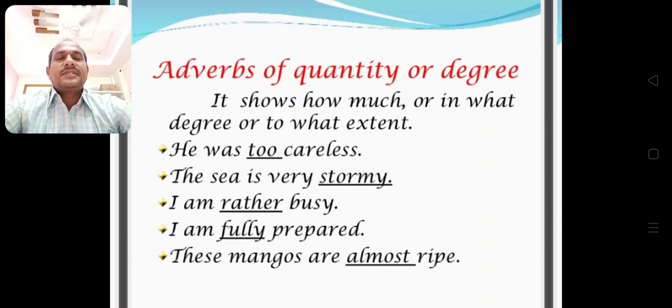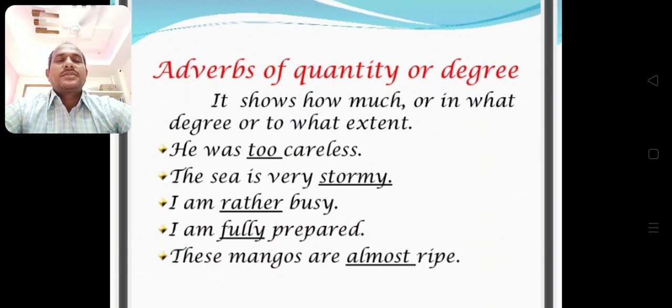See the examples. He was too careless. Here, how much? The adverb of quantity or degree is too. The sea is very stormy. In what degree is it stormy? Very stormy. I am rather busy. I am fully prepared.